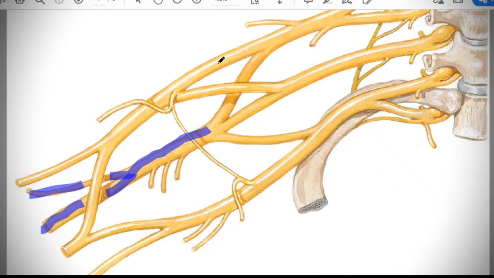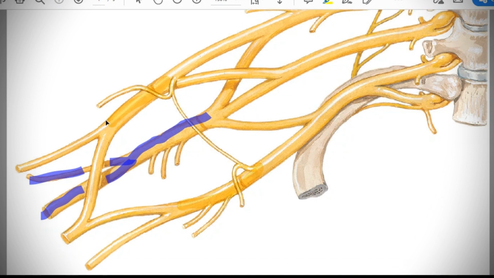We have two more bundles or fascicles. It's fasciculus lateralis and fasciculus medialis, to the side and the middle of the axillary artery. So again, I will repeat, fasciculus lateralis divides into two nerves or two branches.